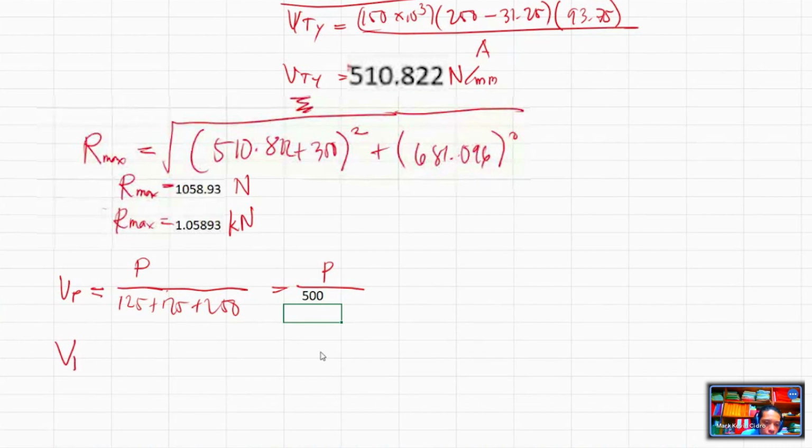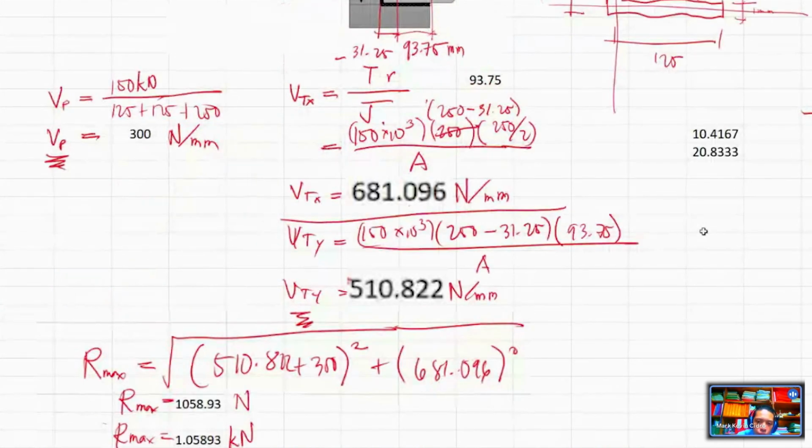And you also have your V torque X, ngahan V due to the torque, Y. And this is equal to P times the eccentricity. What's the eccentricity again? 250 minus 31.25, that's your eccentricity, multiplied by its radius, or the distance.